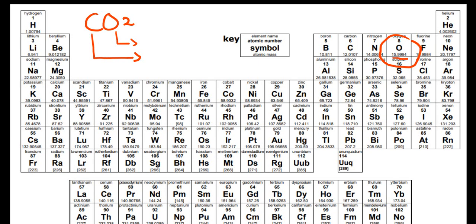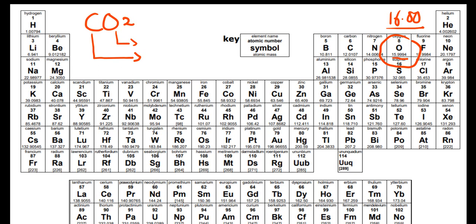The question said put your answers to 2 decimal places, so we are going to round off this 15.9994 to 2 decimal places, and we get 16.00.